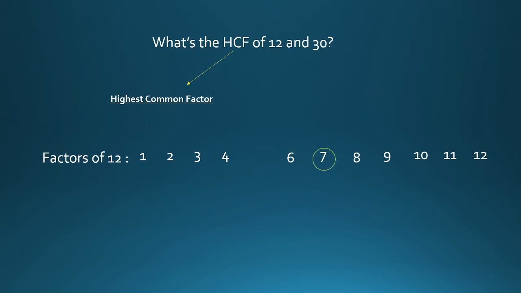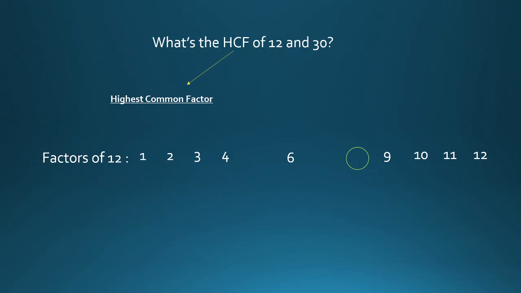7 is not a factor of 12. 8 is not a factor of 12. You might feel that this is taking very long. We haven't even figured out the factors of 12 yet. We have to figure out the factors of 30 also, and then figure out the highest common factor.